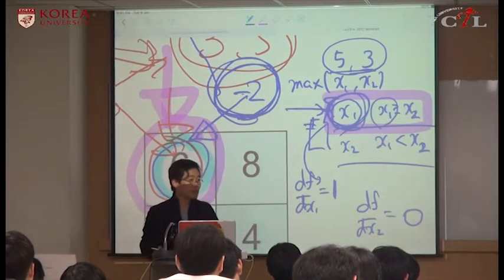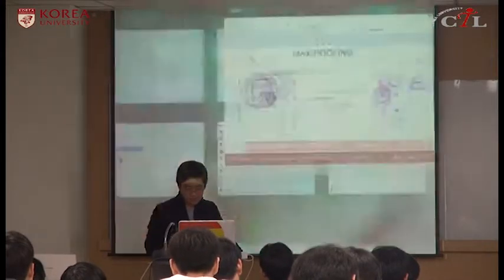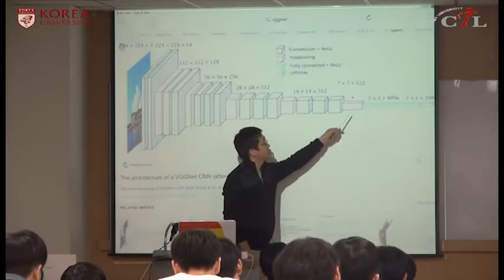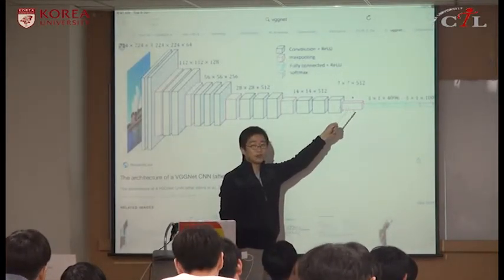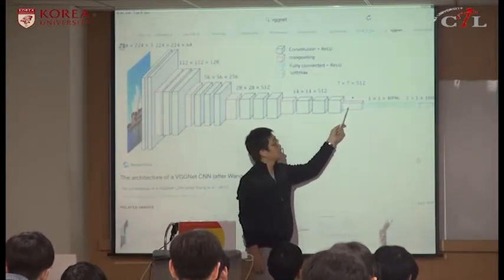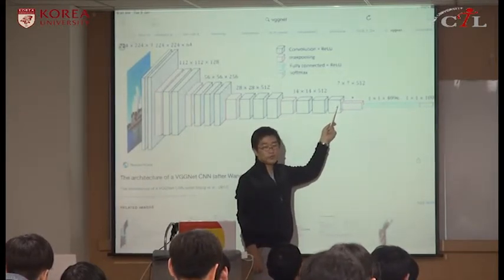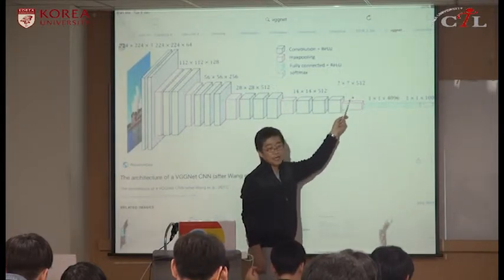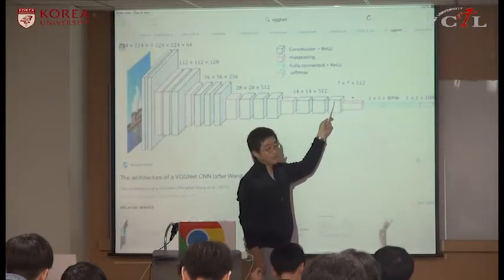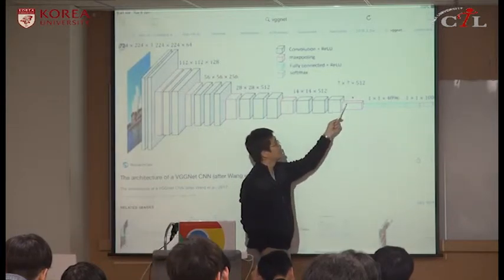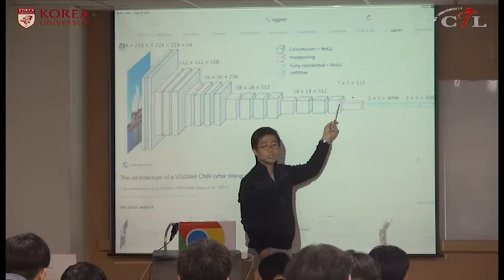So intuitively, the backpropagation value, the dy, will arrive at this position, and when backpropagating through the max pooling, this dy is duplicated, or passed, into the corresponding max value position.